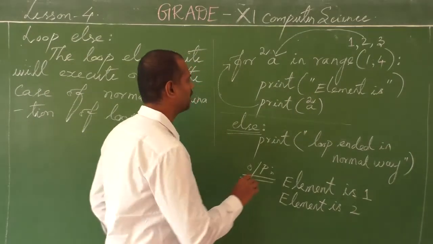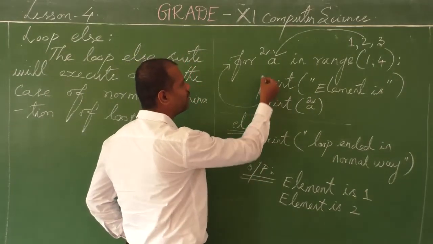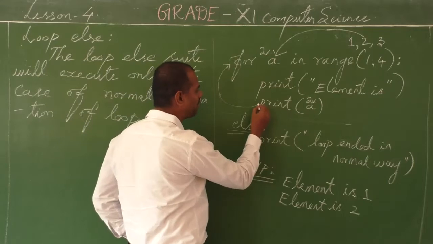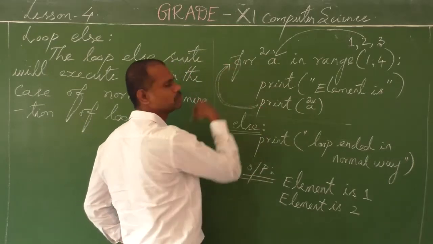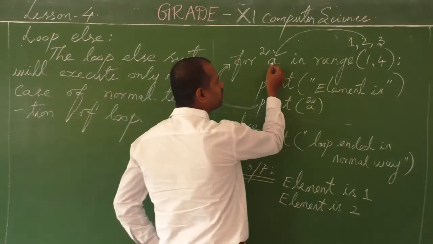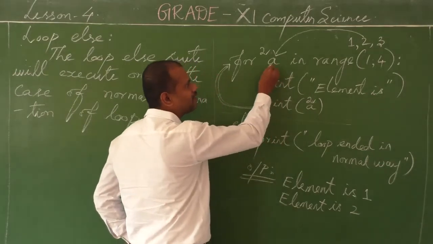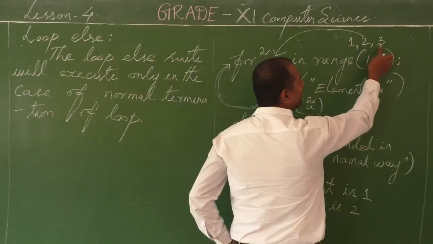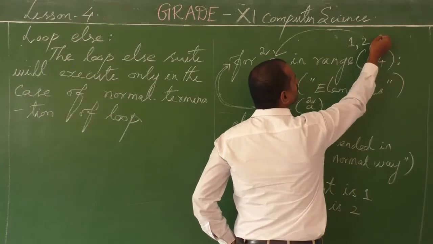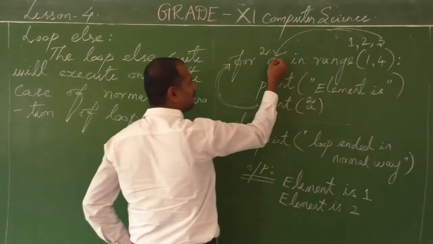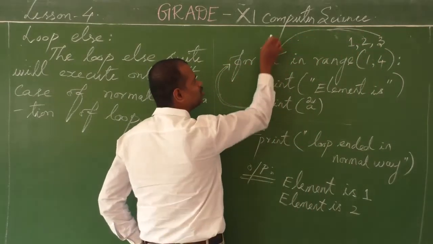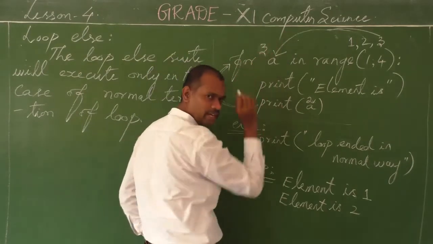Got it? Then when it comes to the last line, it will again go to the for loop. Now what is the value of A? The A value will be received as 3. So 3 will be transferred to A. Now the A value is 3.